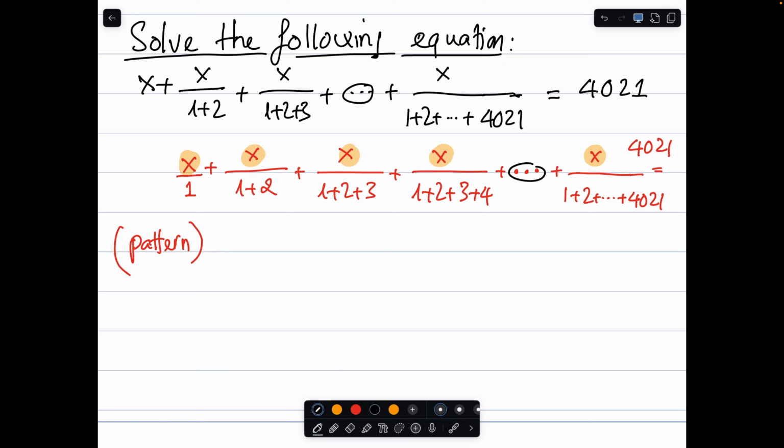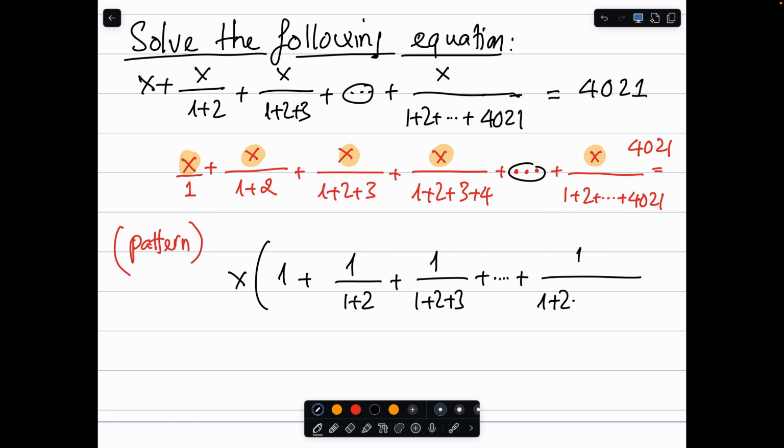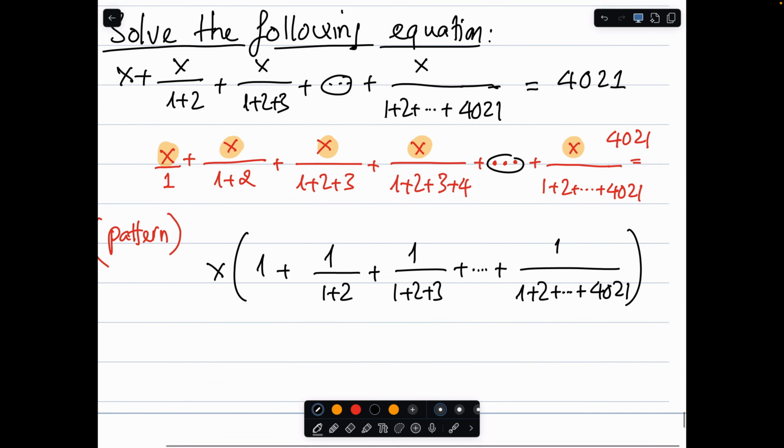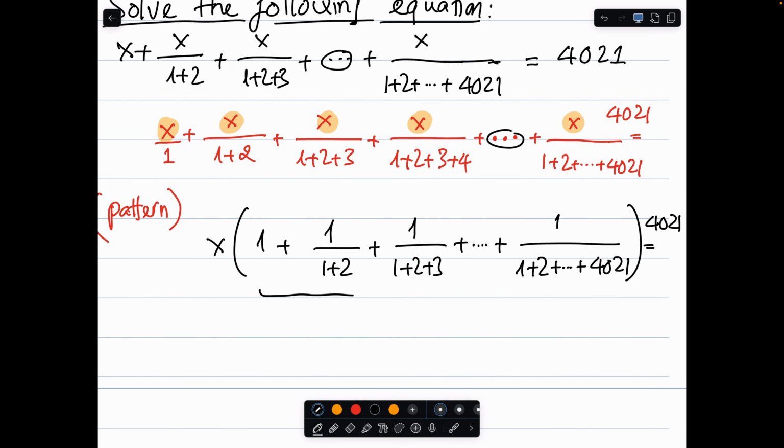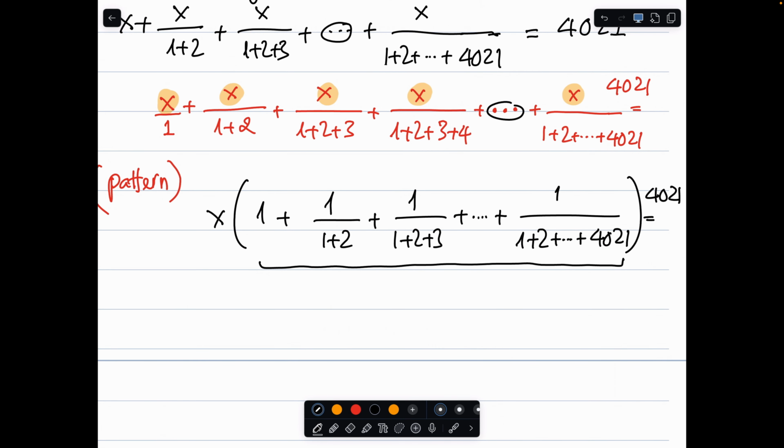It means that you can factor out s, and here you have the bracket: 1 over 1, plus 1 over 1 plus 2, plus 1 over 1 plus 2 plus 3, and so on, up to the last term, and this is equal to whatever it is, and we hope this guy in the brackets is a number.